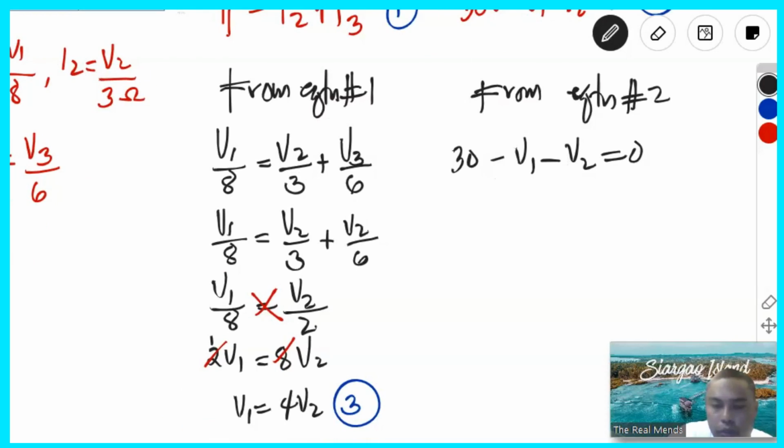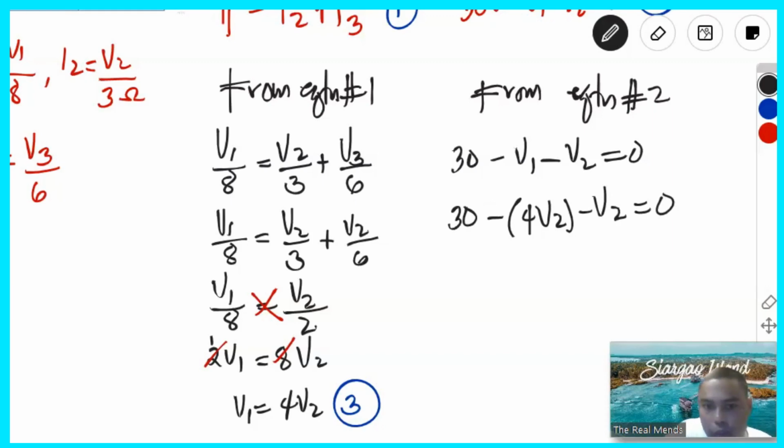So to continue, we have 30 minus the value for V1, that is 4V2, and then we have minus V2 is equals to 0.